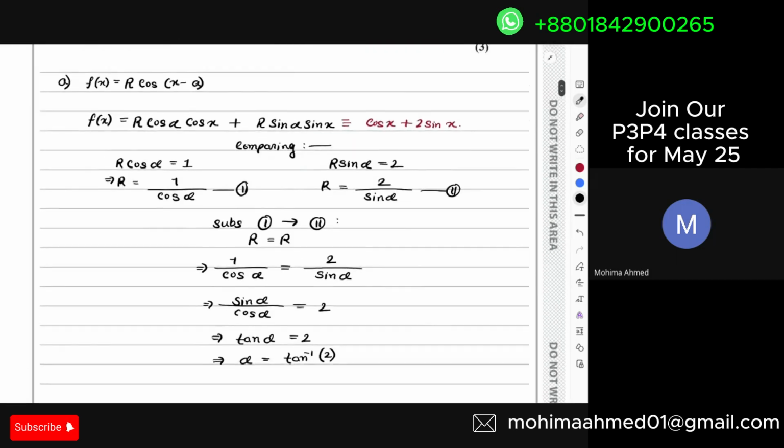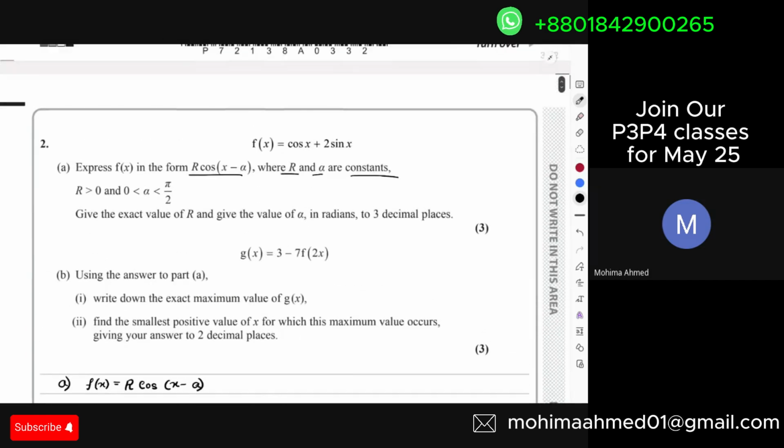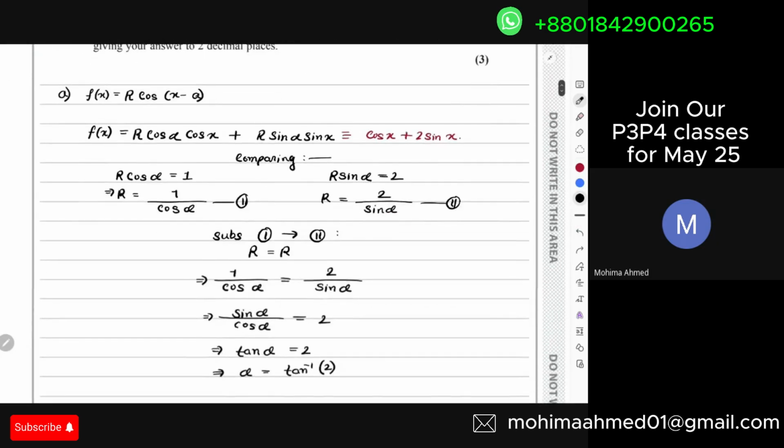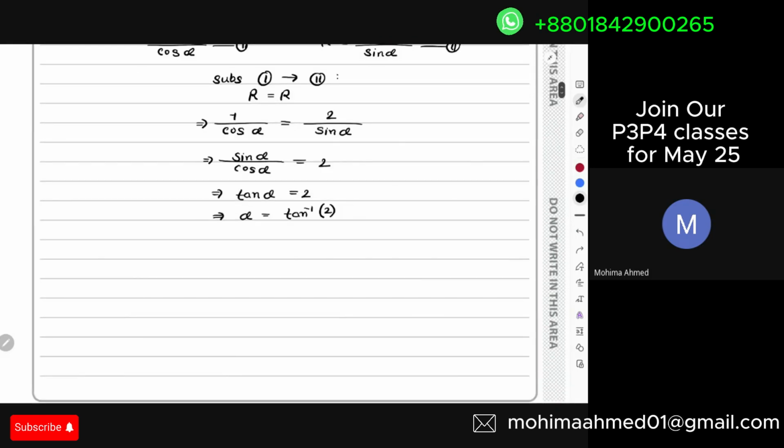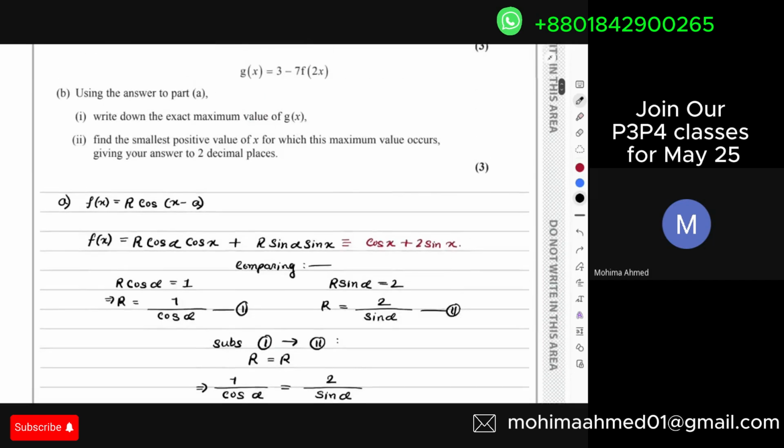In terms of radians, I have to do the maths because this was your hint. The value for your alpha was given as between 0 and pi by 2, so we should calculate this in radians. Otherwise, if you calculate this in degrees, you get roughly 63.4. If you calculate tan inverse 2 in radians, you get 1.1071.